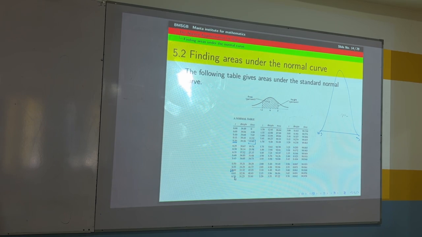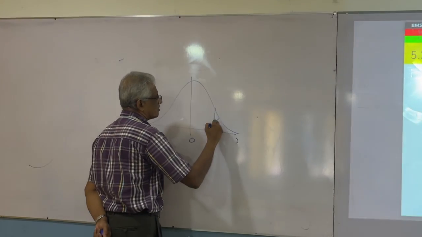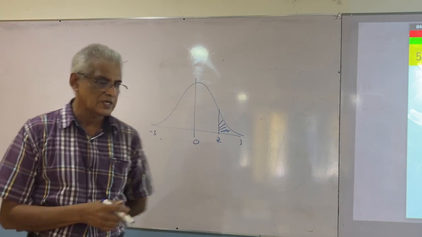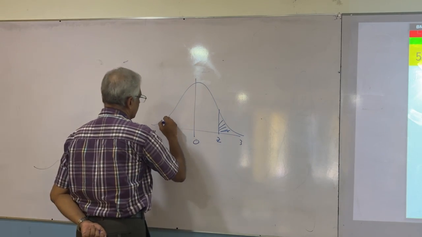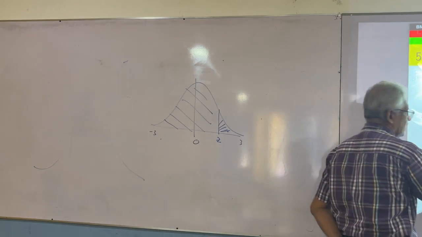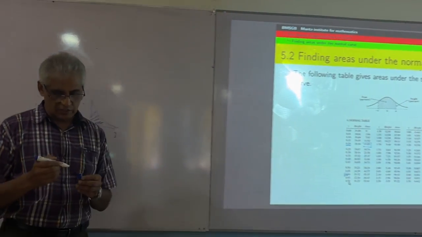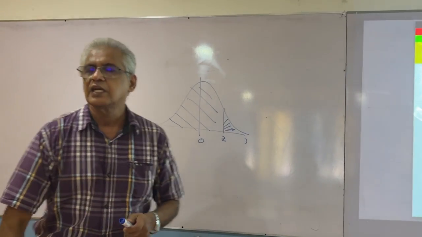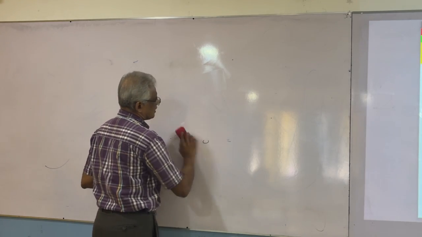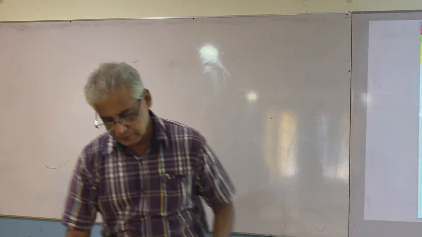But some tables give you the area above some Z values. These type of areas are given in the table. Right? Some tables give you the area below a given value. So Z value will be here and then area below that is given. Right? So depending on the table you have to find out what that table actually gives you. Right? So if you use this table, let's look at some examples.